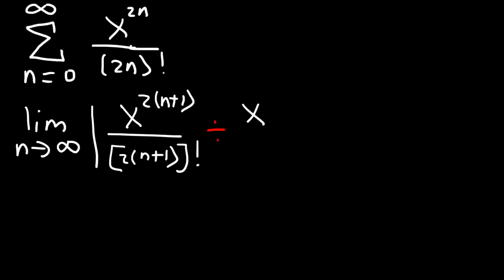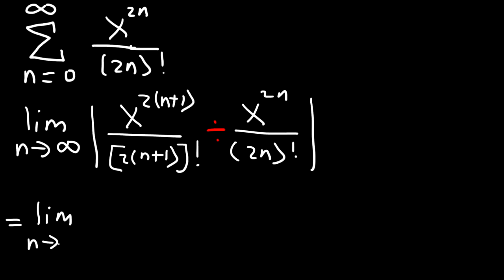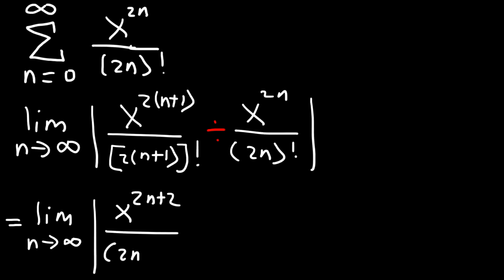So u sub n is just x to the 2n over 2n factorial. So right now what we have is x to the 2n plus 2, and on the bottom, we also have 2n plus 2 factorial. And then we're going to multiply by the reciprocal of the other fraction. So this is going to be 2n factorial over x to the 2n.